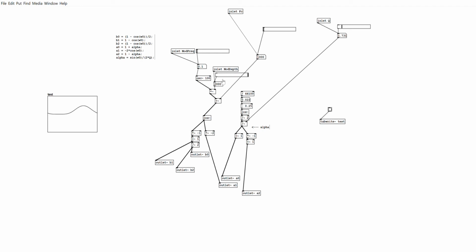So if I multiply this by 2000 now, here at the outlet of that multiplication, I'll have something that's oscillating between -2000 and +2000. And if I am adding that directly to FC, then of course my FC is now changing, and you can see that the depth on the modulation is in terms of hertz.